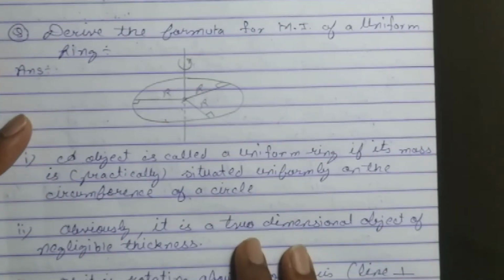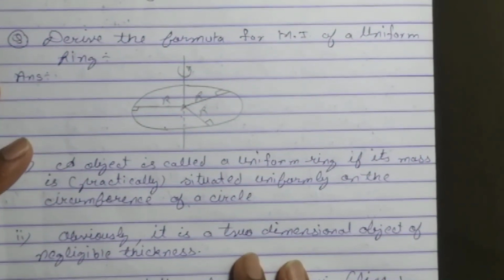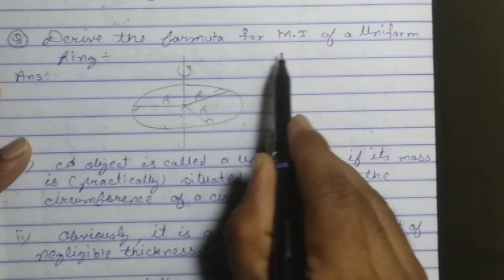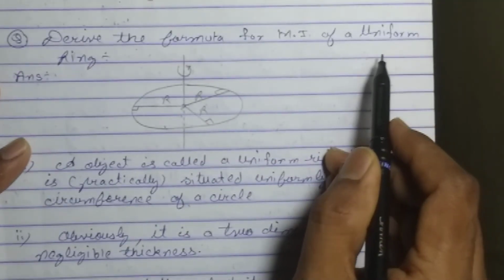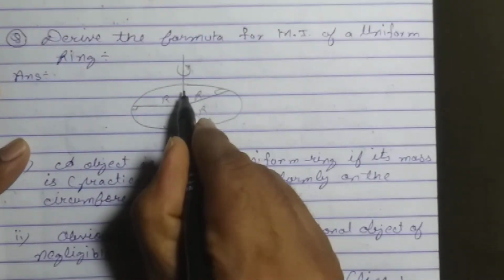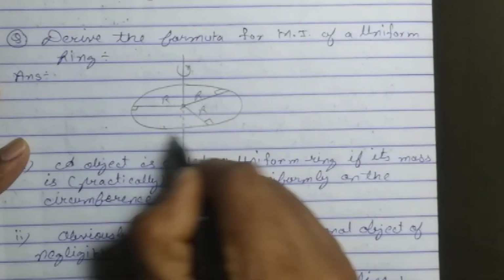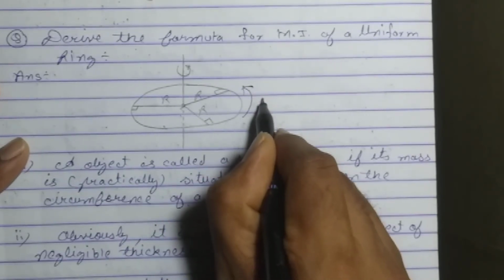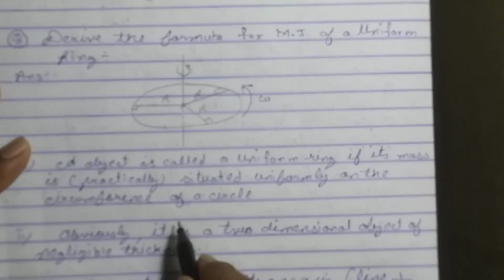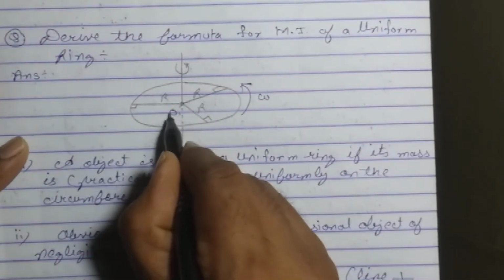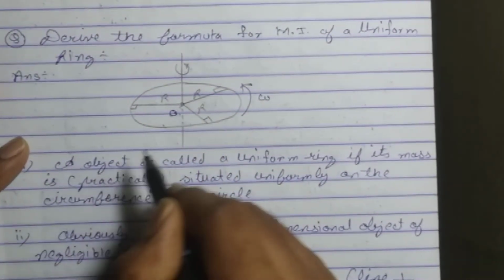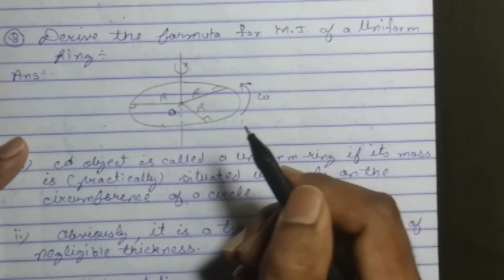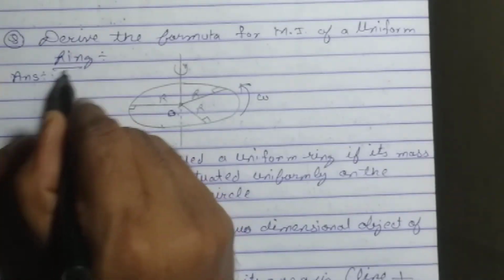Let us do the next question, students. The next question is: derive the formula for the moment of inertia of a uniform ring. So students, we observe here, this is a ring which is rotating about its own axis with angular velocity omega. This axis of rotation is passing through point O. Students, what is a uniform ring?